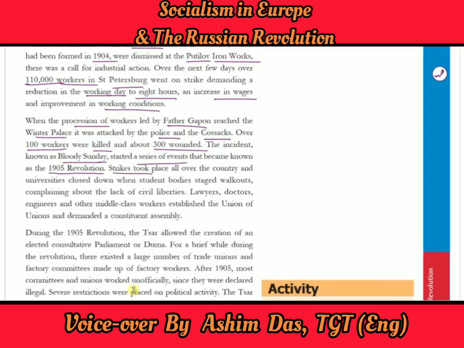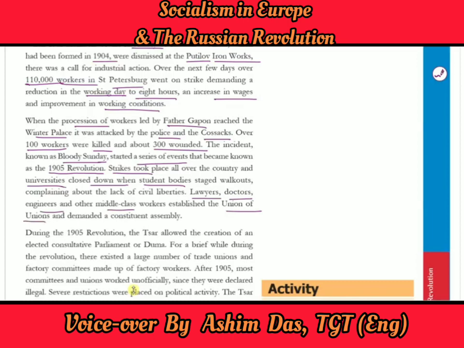Strikes took place all over the country, and universities closed down when the student bodies staged walkouts. Mainly the universities, because the students were mostly associated with politics. They boycotted classes, complaining about the lack of civil liberties.